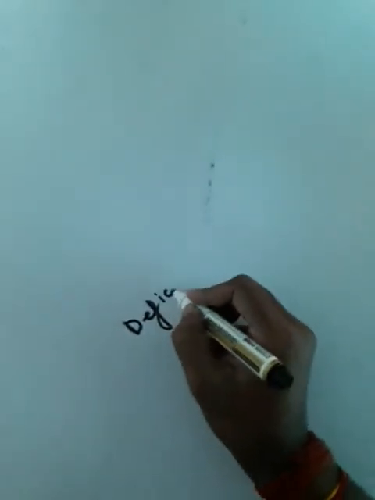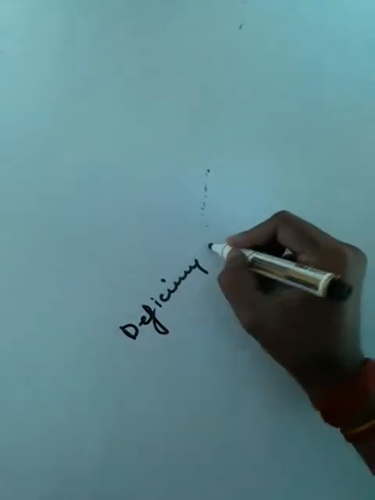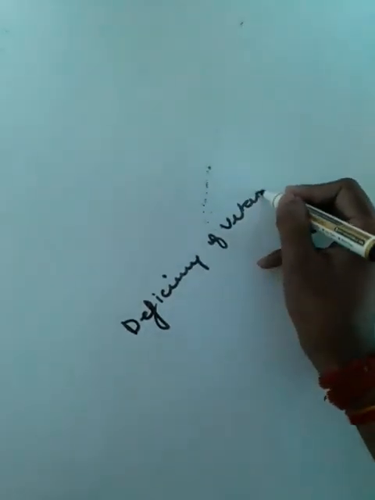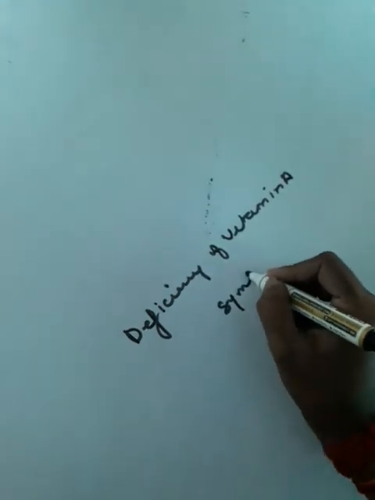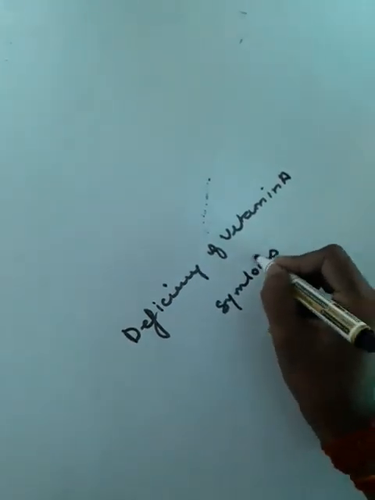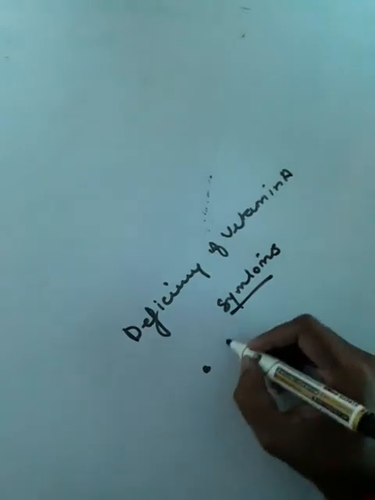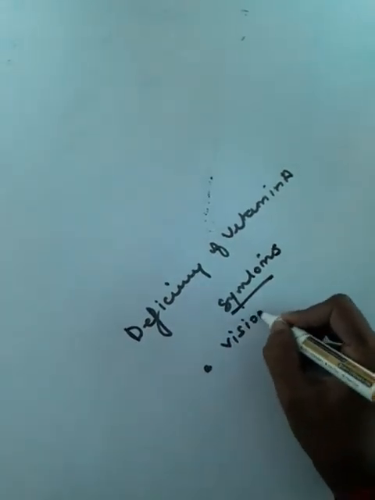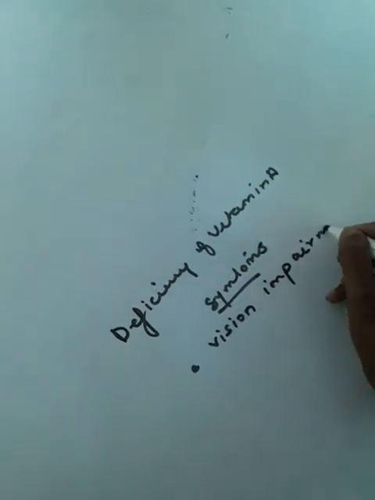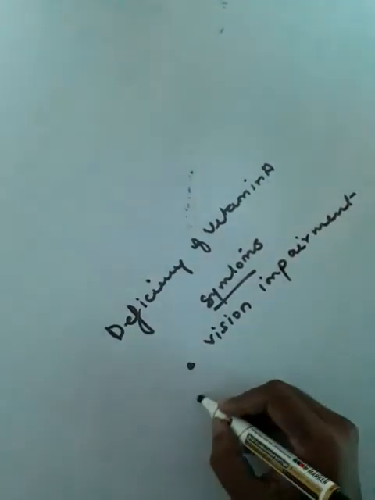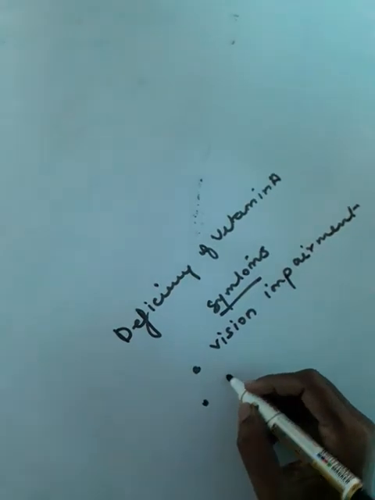The third point is deficiency of vitamin A. Okay, so when you are not taking vitamin A, then symptoms arise in your body, in which the main dysfunction will be vision impairment. The second one is night blindness.